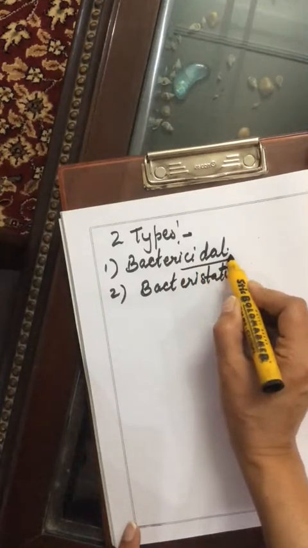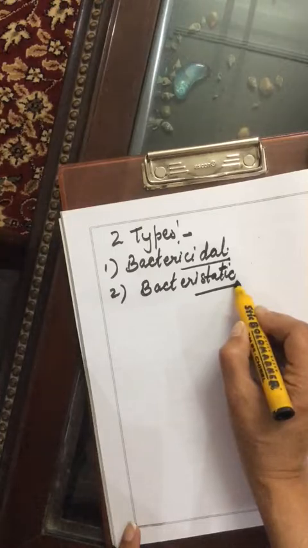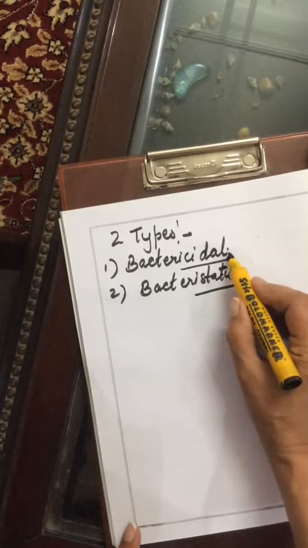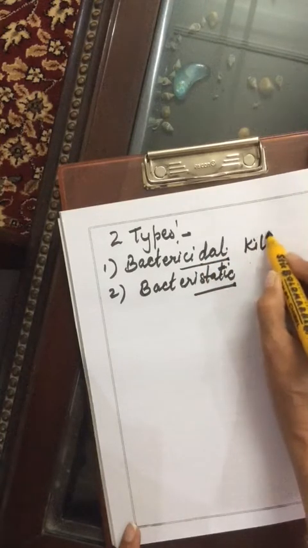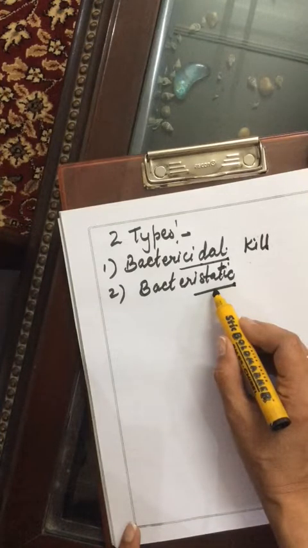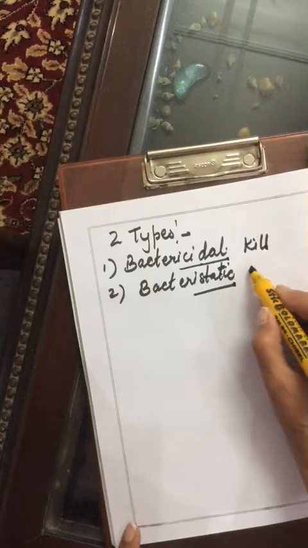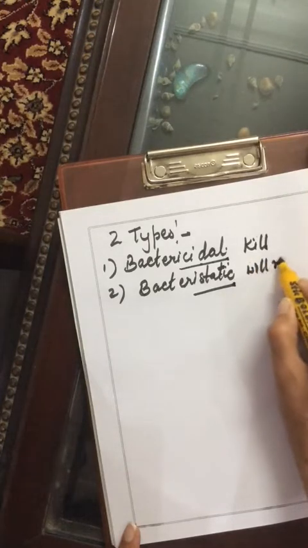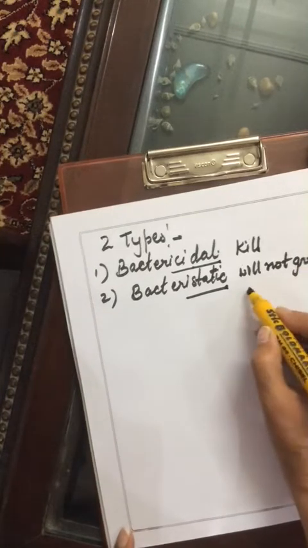Cidal, like I told you, means killing and static means stable. So bactericidal antibiotics are used to kill the microorganisms. And with bacteriostatic antibiotics, the microorganisms will not grow further.